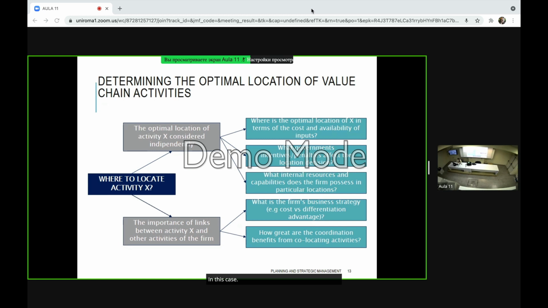In this case, the factors that it has to take into consideration are the costs and the availability of inputs, the incentives or penalties imposed by governments, and the resources and capabilities that the firm possesses in a specific country. If the activities are related, and so the industry has to consider activity X in conjunction with other activities of the same firm, important factors to take into consideration are the business strategy and the cost of coordination for these fragmented activities.